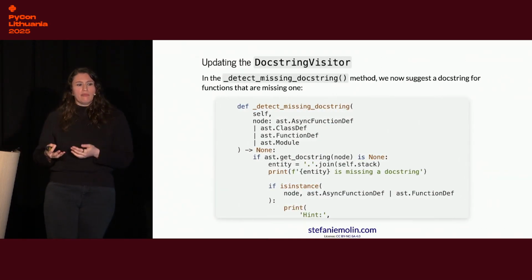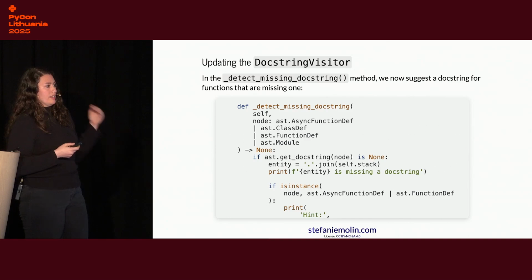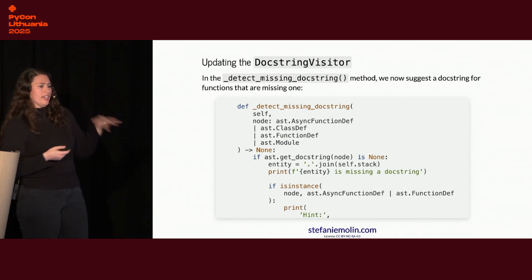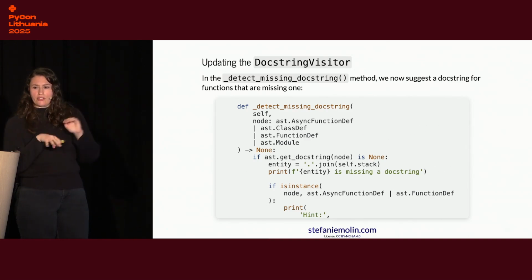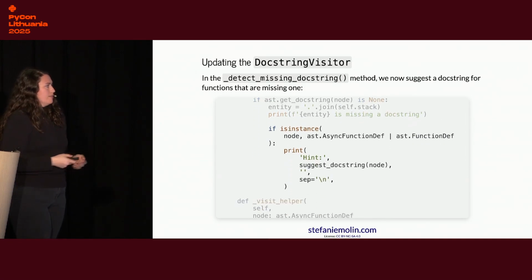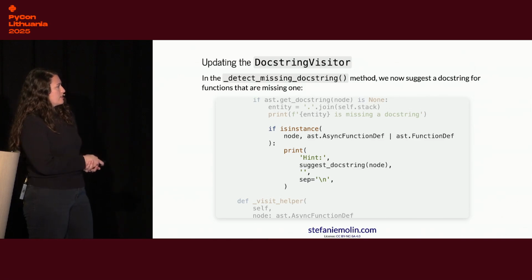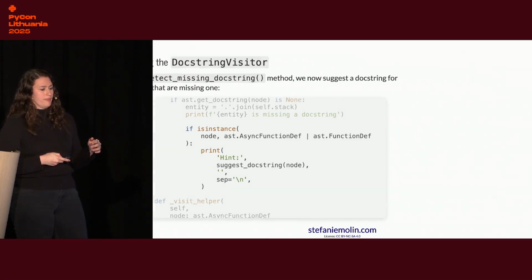So then we just need to make a change to our docstring visitor to actually use this. So in addition to telling the user that there's a docstring missing there, it can provide a hint, like, hey, you might want to use this template to start off your docstring. So that change comes down here. So we're just going to check if it's a function node that we're working with, and if it is, we're then going to print out the suggestion with that docstring.